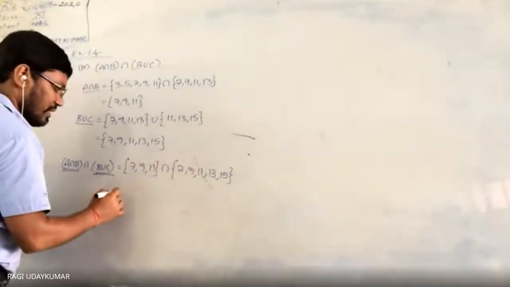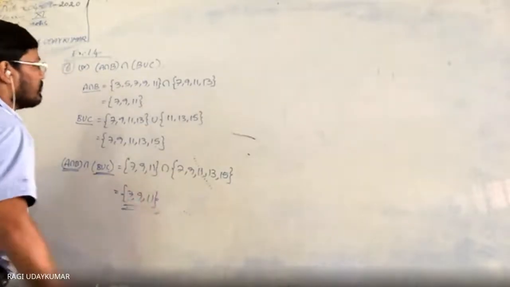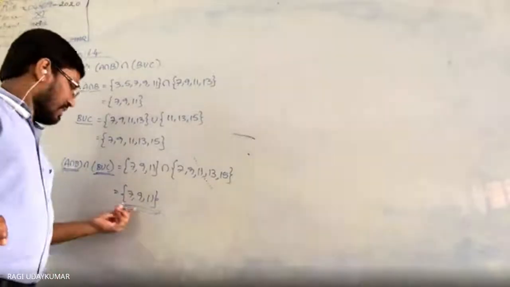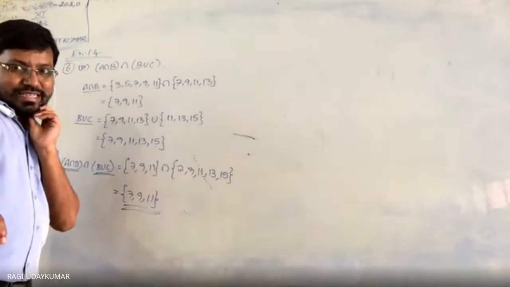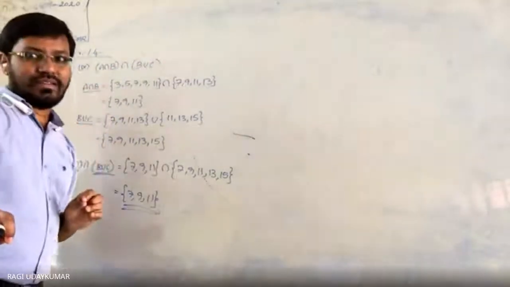So the common elements are here 7, 9, 11. A intersection B union C. As an interesting part, if you want to see this again, you are going to get 7, 9, 11 as A intersection B only. Isn't it? A intersection B union C.